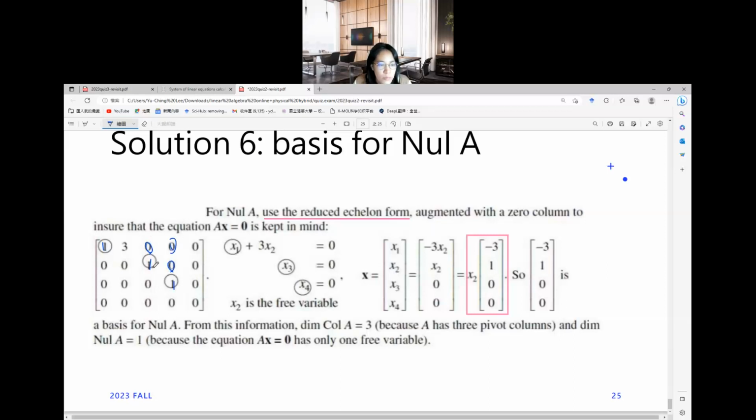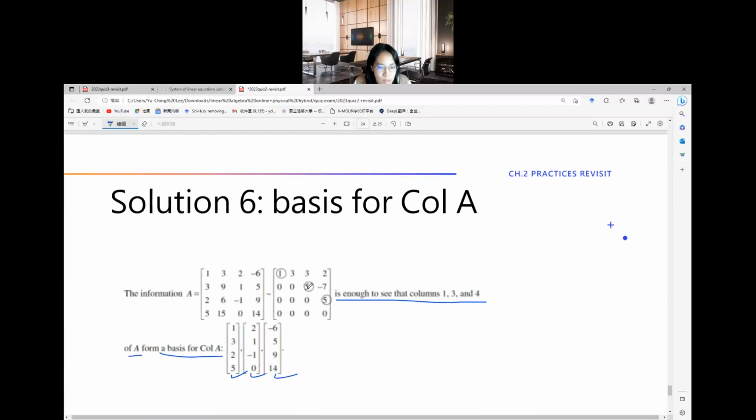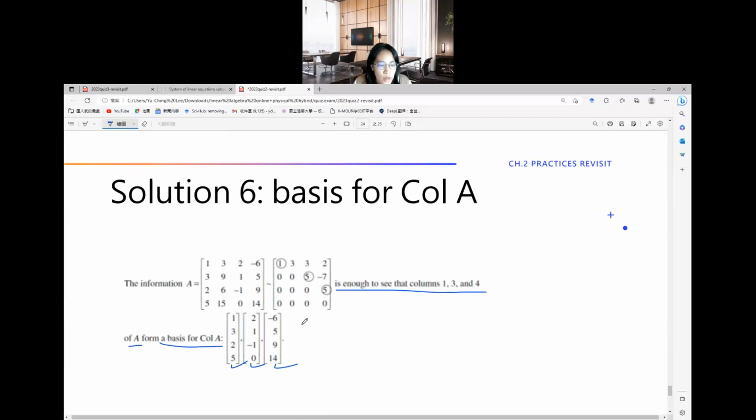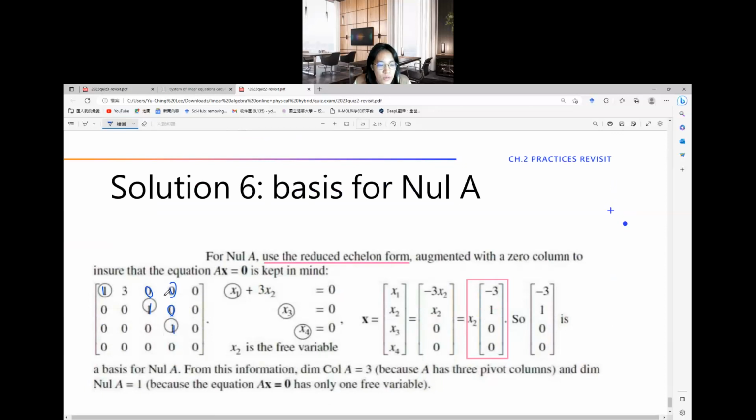Before reducing the echelon form, all the values below pivots were already 0, but we further need to make the numbers above pivots be 0. So that leads to this homogeneous system where x2 is the free variable.